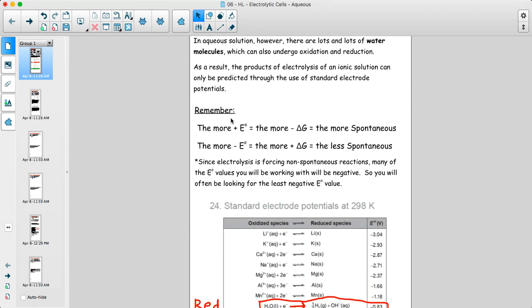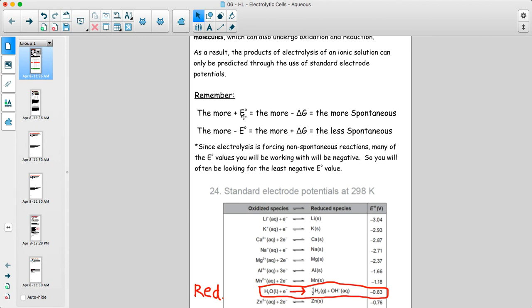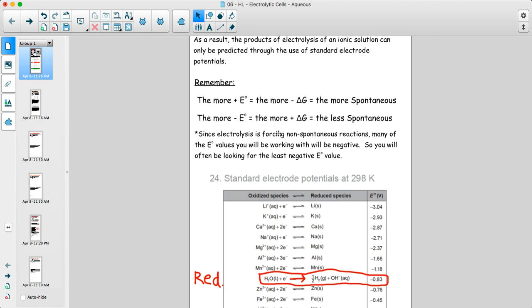The key idea to remember is that the more positive an electrode potential is, the more spontaneous that process is. And on the flip side, the more negative an electrode potential is, then the less spontaneous that process is. It's related to the value of Gibbs free energy change, where negative Gibbs free energy changes are spontaneous and positive ones are not spontaneous.